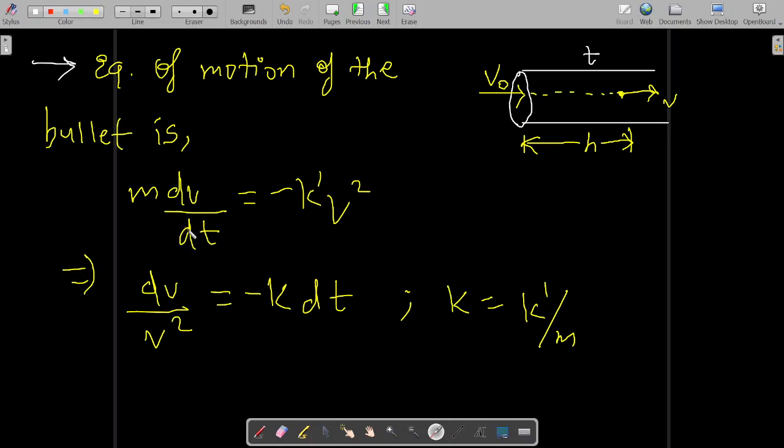As already told to you, saying multiply both sides by dt is very wrong. I have already told you why in the previous lectures. So dv by v square equal to minus k dt, where k equals k dash by m, because m had been divided over here. After variable separation, dt will go to the right hand side, and dv by v square will come over here.